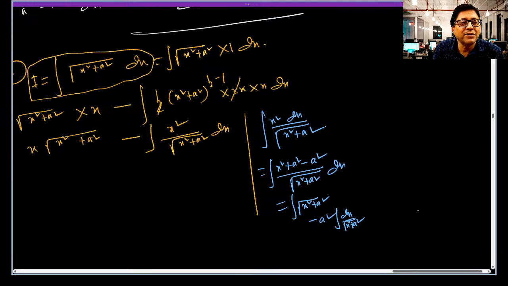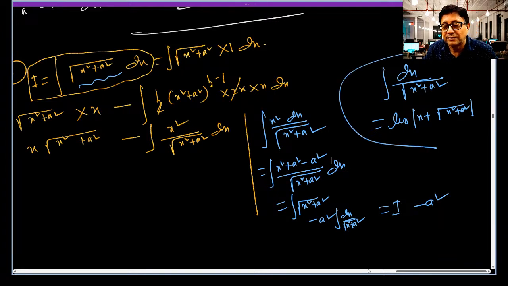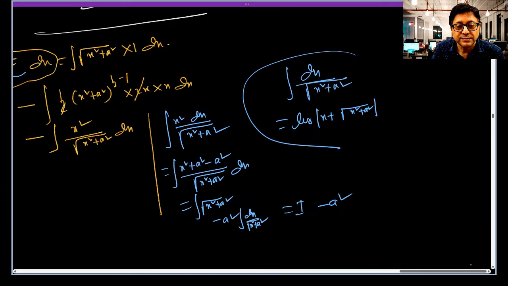Root over x square plus a square is what? This is the I you have started with. And dx by root over x square plus a square is a standard integral, you know. What is its value? Log of x plus root over x square plus a square. So take it there, write it there.